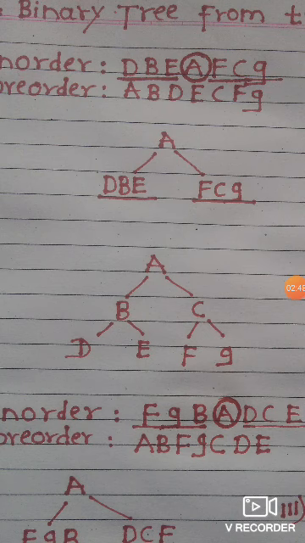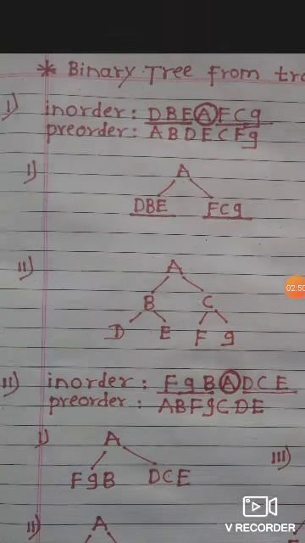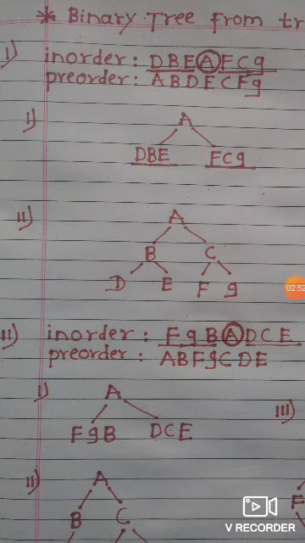Now I am moving towards step number 2. In step 2, again I go to the pre-order sequence, and out of D B E I check which character appears first.